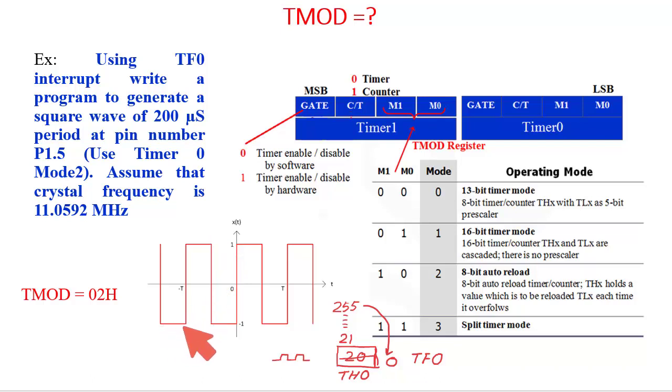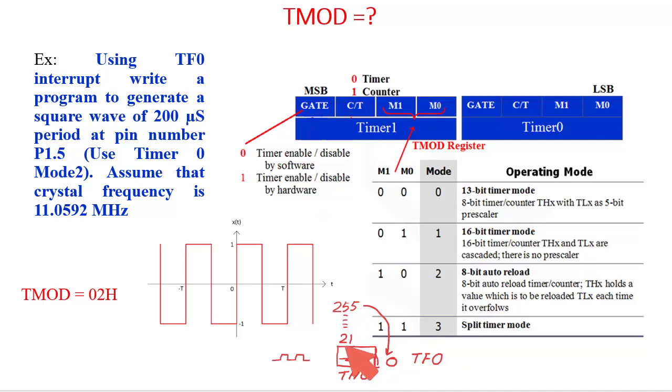So from this to this will be the delay, and that delay will be created by this TH0. If the initial value of this TH0 is low, then to reach 255 it will take more time, means the delay will be more. If the initial value of TH0 is high, then from that initial value to reach 255 it will take less time.